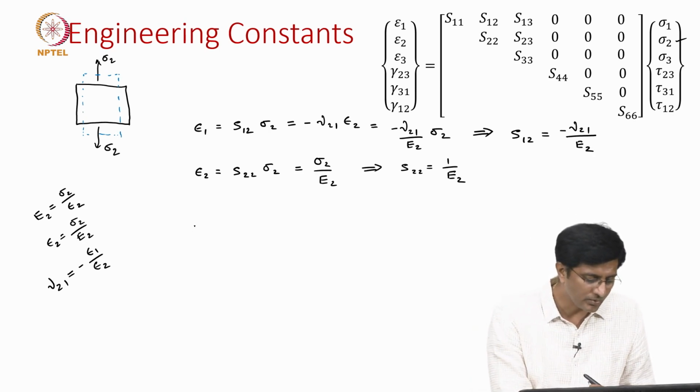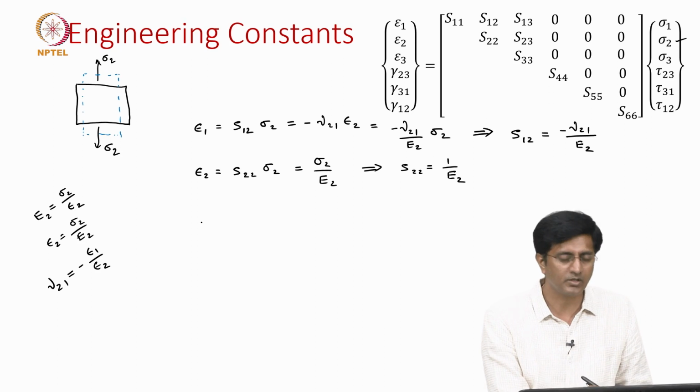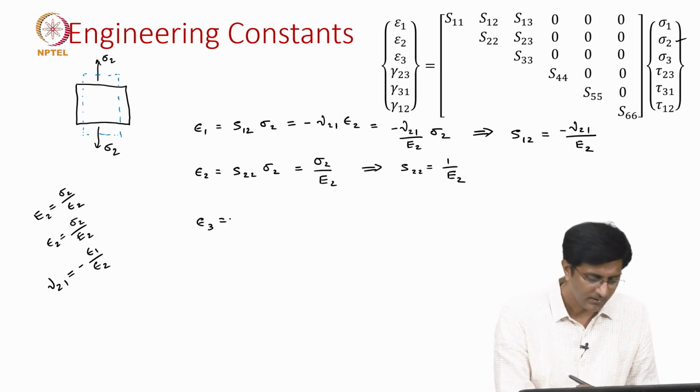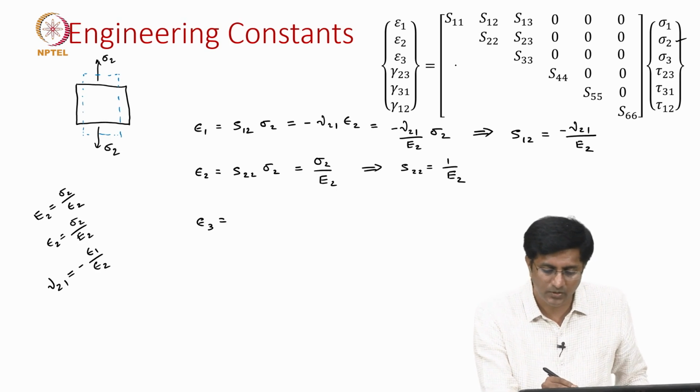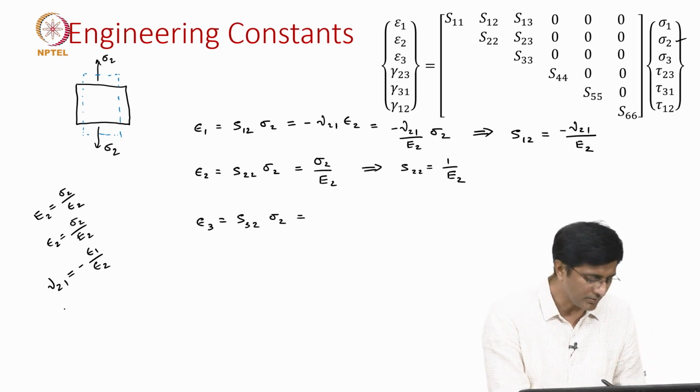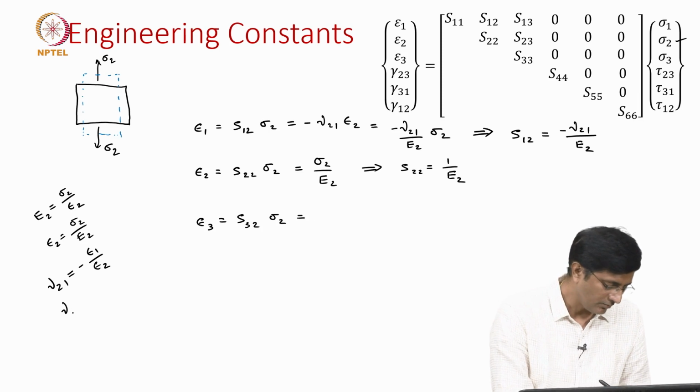And now let us move into the third component of the normal strain, which is epsilon 3. We can write epsilon 3 as S32 times sigma 2. From the Poisson definitions, we are now defining the loading in direction 2 and looking at direction 3, so it is minus epsilon 3 by epsilon 2.